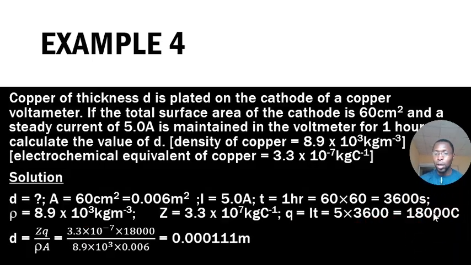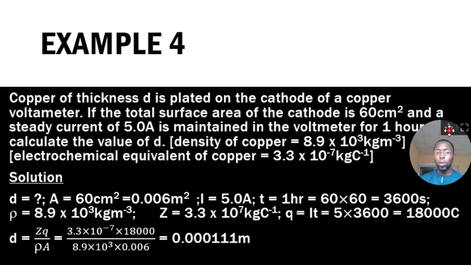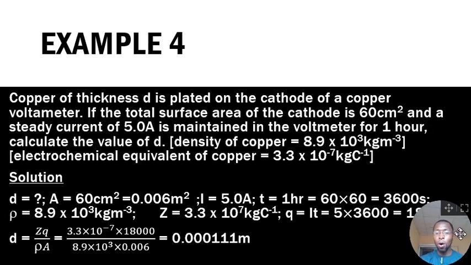All over the density, which is 8.9 times 10 to the power 3, multiplied by our area, which has been converted to meter squared, that's 0.006 meter squared. When we simplify all of these, our final result will be 0.0011 meters. All right, so that is the thickness of the plate of copper.